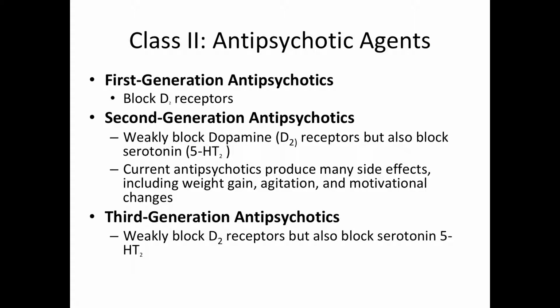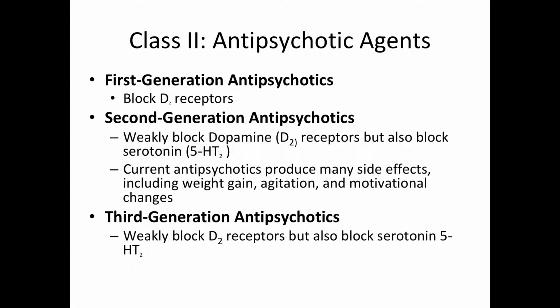Okay, so later on, about the 1980s, there were newer drugs being created. So these newer drugs were called the second generation antipsychotics. So this included drugs such as clozapine. The second generation antipsychotics weakly block the D2 receptors, but they also block serotonin receptors.